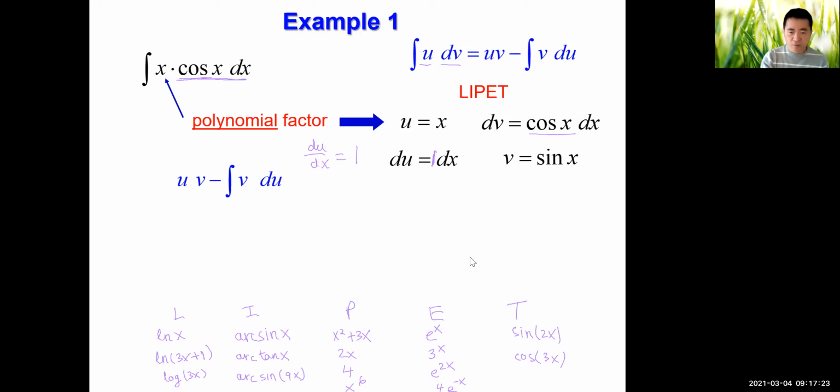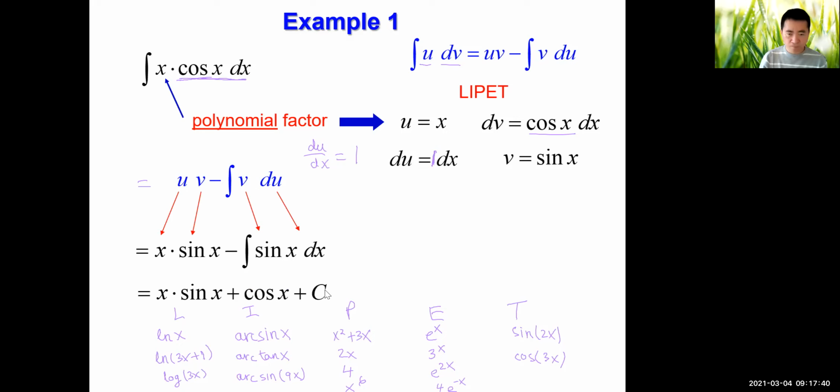Okay, so our original integral would equal uv minus the integral of v du, and let's plug in. You see, u is x, v is sine x, minus the integral of v, which is sine x, du is 1 dx.